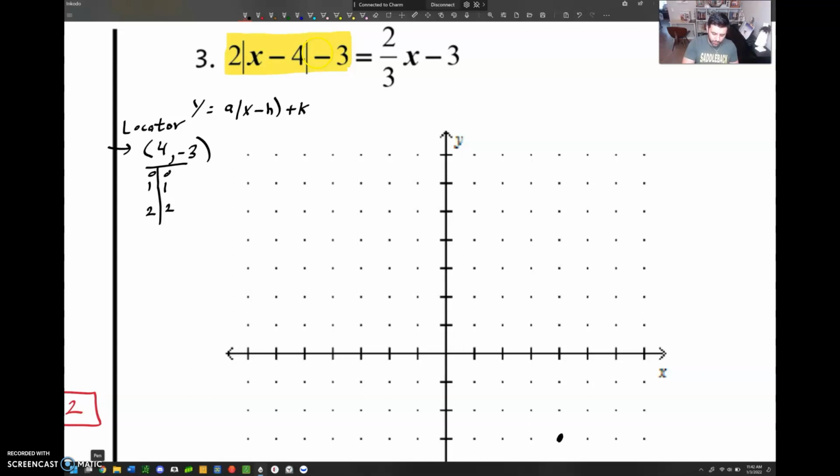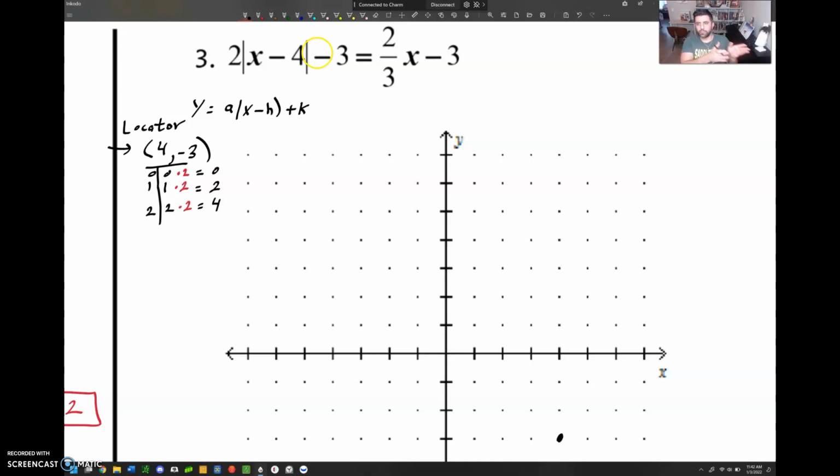Do remember that we do have an a term, and that a term is 2. So that means you're going to multiply my y's by 2. You're going to multiply the outcome by 2 because it is going up faster, okay? So in here we have 0, in here we have 2, and in here we have 4.